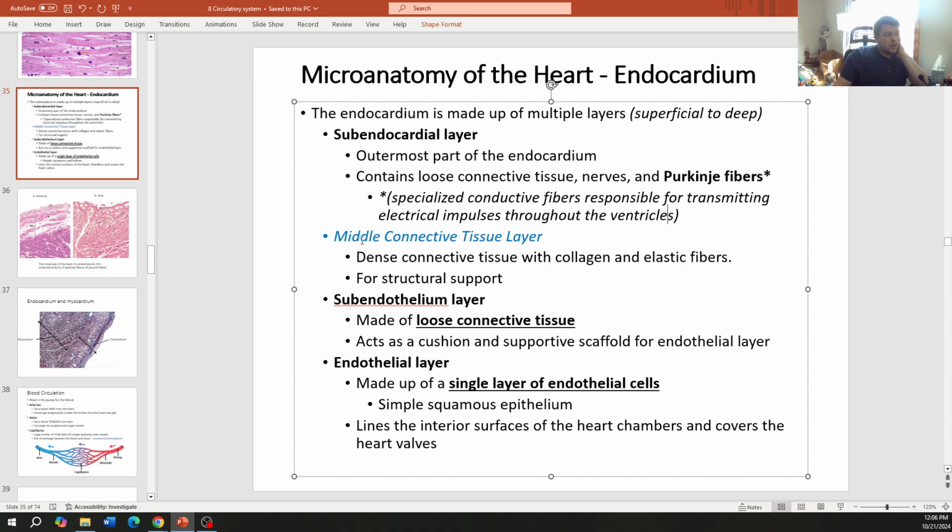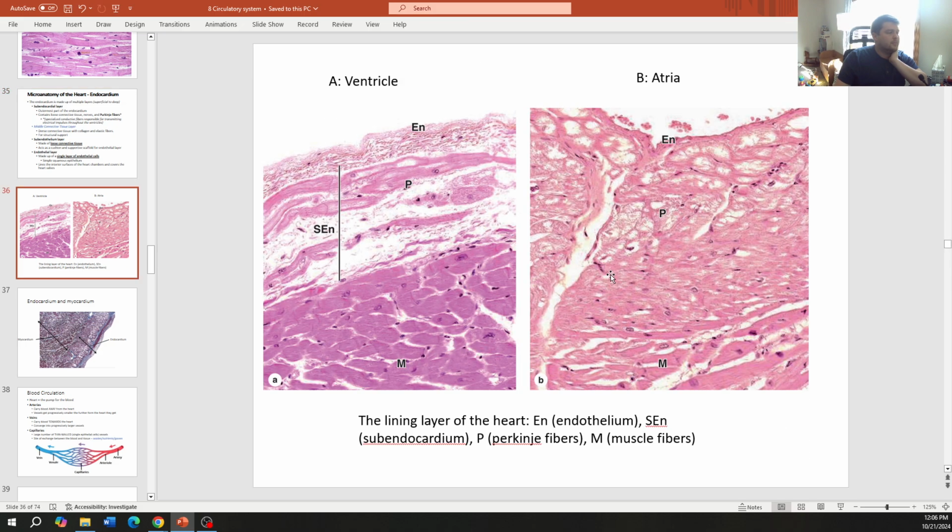There is a middle connective tissue layer made up of collagen and elastic fibers. We don't usually talk a lot about this middle layer, just that it's there. So this specific professor, whose material I based all of this on, did not include this as a layer, but it is there.